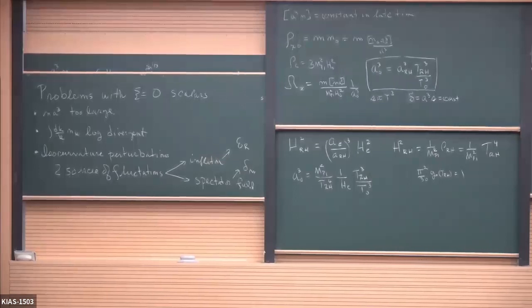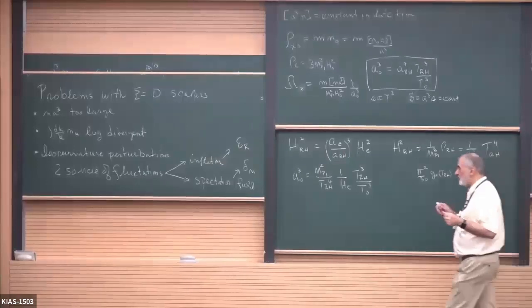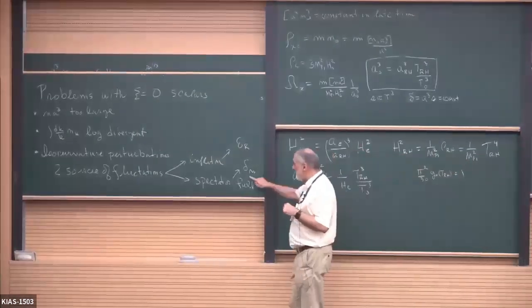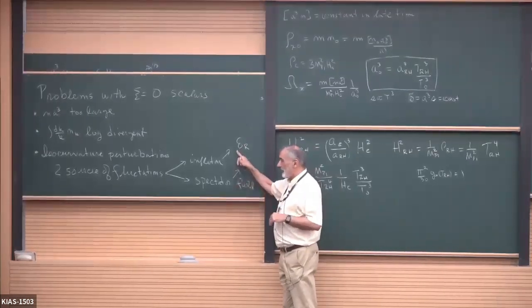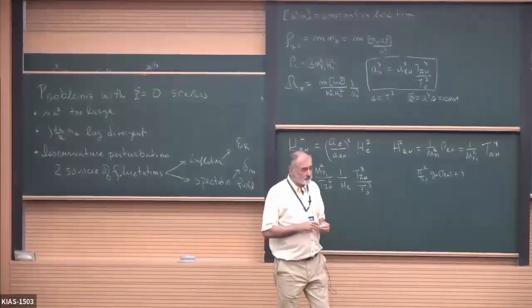And these will be uncorrelated, and we can place limits on the amount of fluctuations in the matter density due to some other source, like the spectator field, compared to the radiation field.